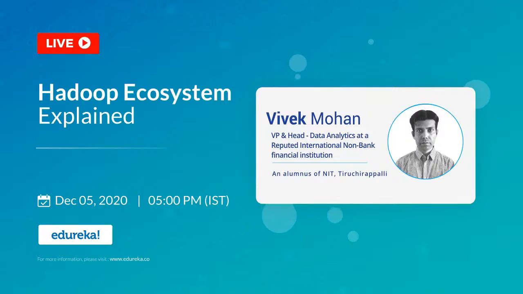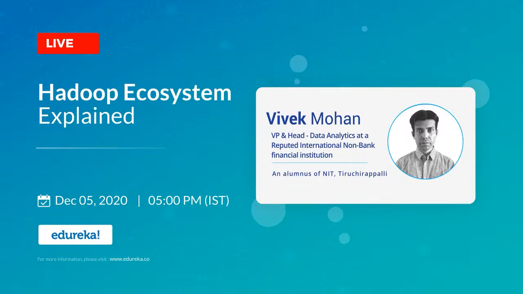Hadoop is a very big world. In today's era, in the big data world, it's an ocean. And what we are trying to cover in this session is just a few drops of water in that ocean.